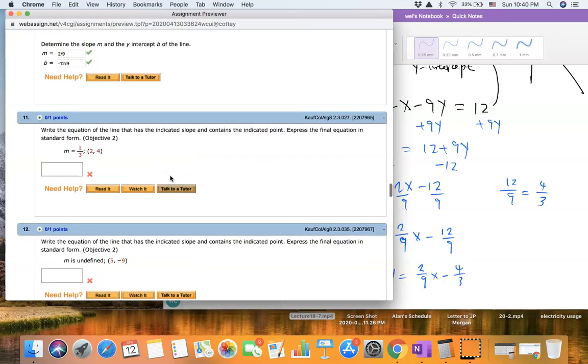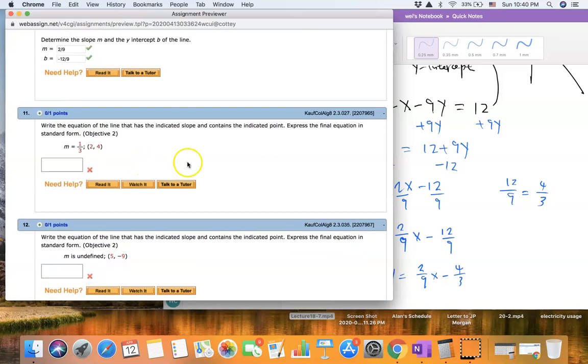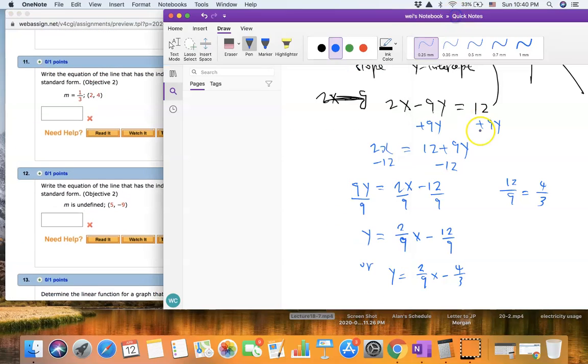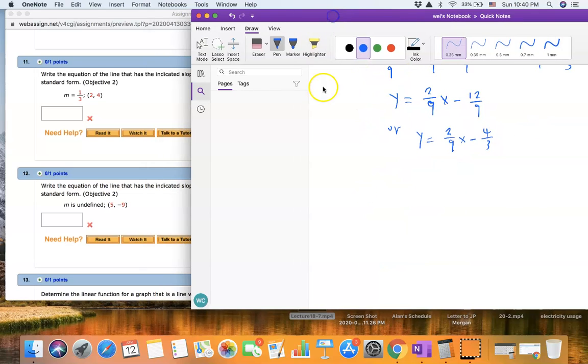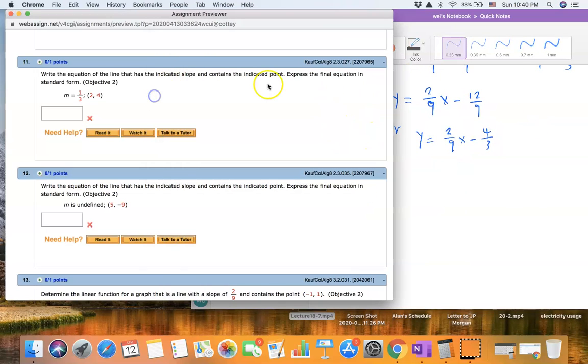Next, we look at number 11. On number 11, this time we are given the slope of the straight line, and we're given that the point (2, 4) is on the straight line, and we want to find the equation and then express the answer in standard form.